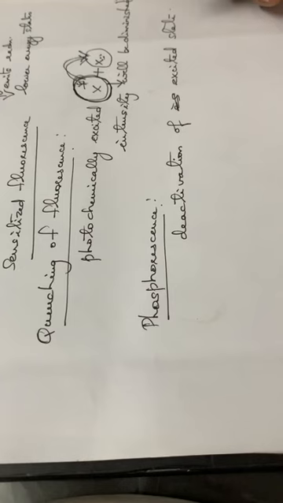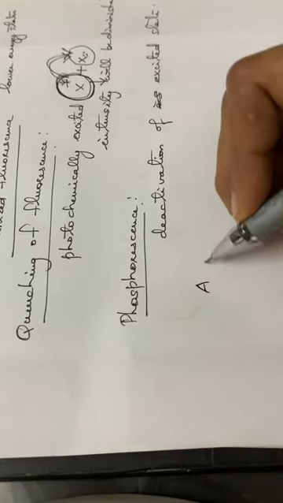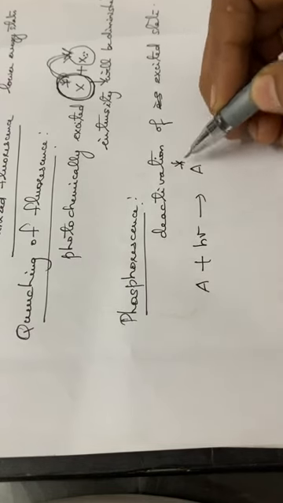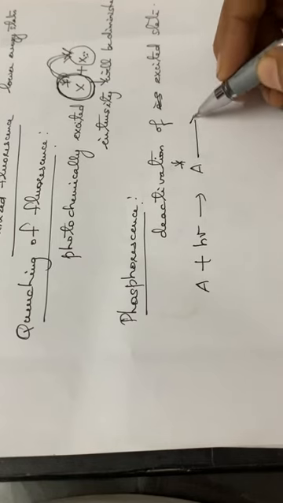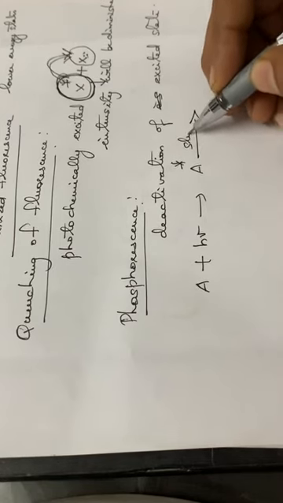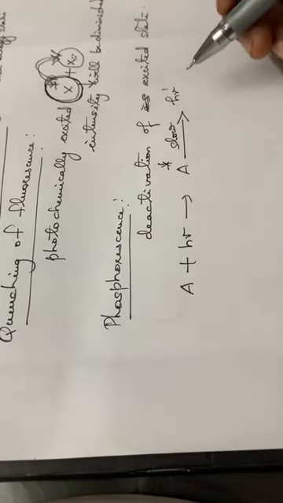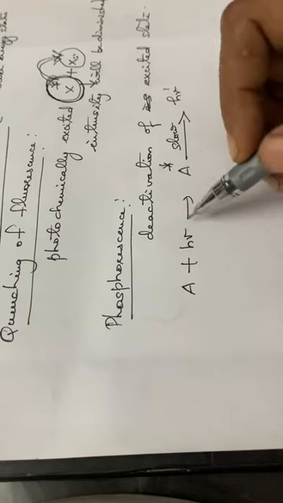When a substance absorbs a particular amount of energy, it is excited to a higher energy state, isn't it? And when the incident radiation is cut off, it will keep emitting light even after the incident radiation is cut off.